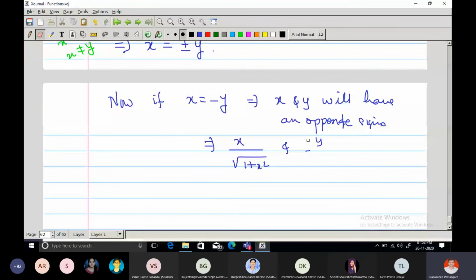That means x and y will have opposite sign. That means x upon square root of 1 plus x square and y upon square root of 1 plus y square would have opposite signs. Am I right? Because denominators are positive, square root of 1 plus x square, square root of 1 plus y square. If x and y have opposite sign, and if you divide by positive quantity, still they have opposite signs.